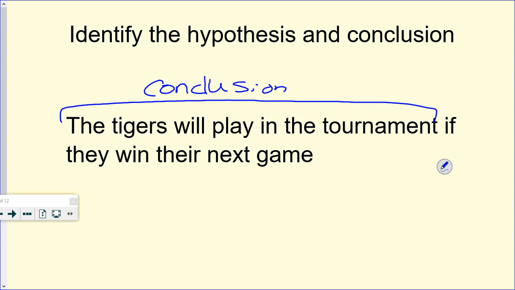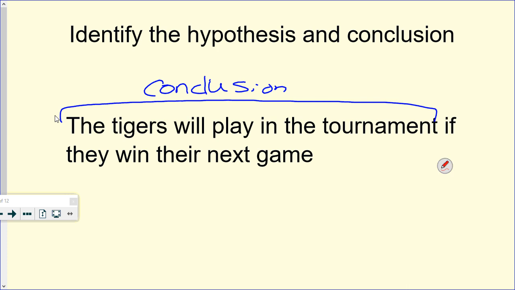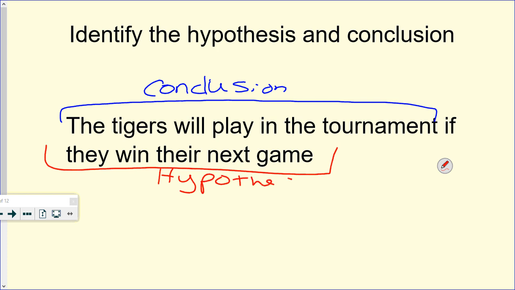So the hypothesis is our conditions and what has to happen first. What had to happen first in order for the Tigers to play in the tournament? To win the next game. They win the next game. They had to win the next game first, and then as a result, they're going to play in the tournament. So this is our hypothesis. So it's not always the first part versus the second part.